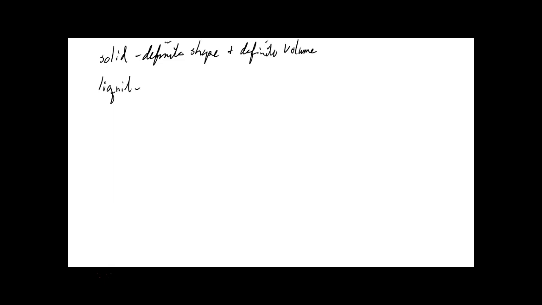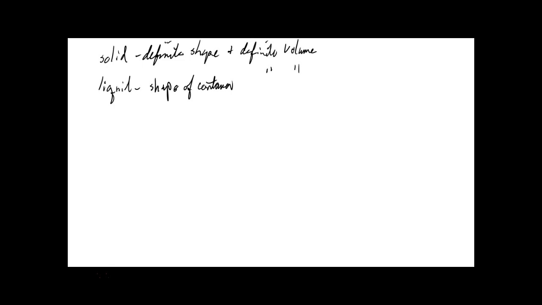Okay? A liquid is a substance that takes the shape of the container. In other words, it doesn't have a definite shape, but it does have a definite volume. An indefinite shape, but a definite volume. Now, what happened? You added heat, or added energy.